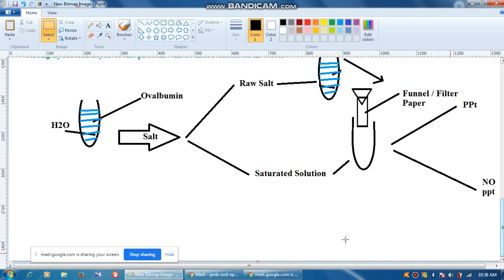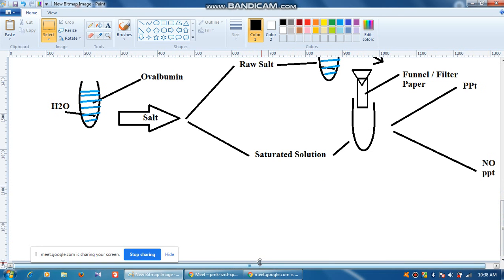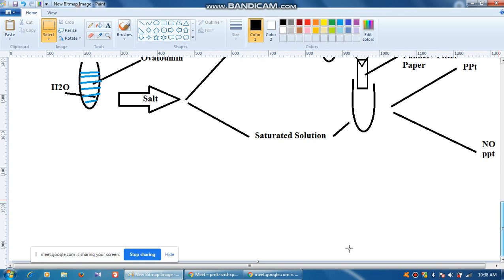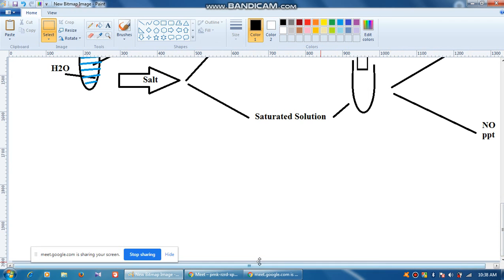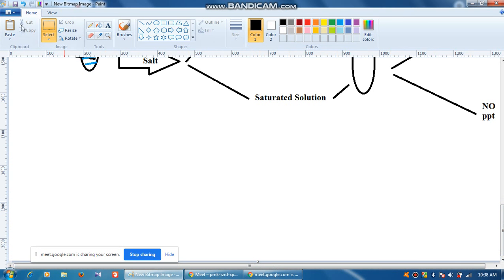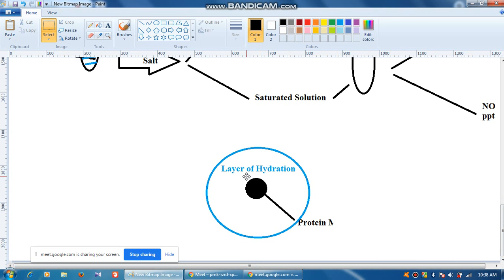You must understand that salts are more hydrophilic than protein. Remember one thing, anything which is more polar is more hydrophilic. So I'll write it down here. Remember, this is the thumb rule.